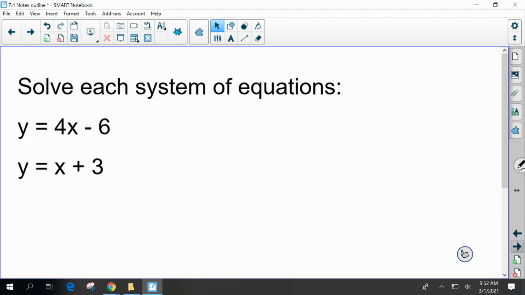Okay, so next one, we have y isolated. So we are going to set these equal to each other. So 4x minus 6 equals x plus 3. First, I would do what with my x's? Minus x on each side.